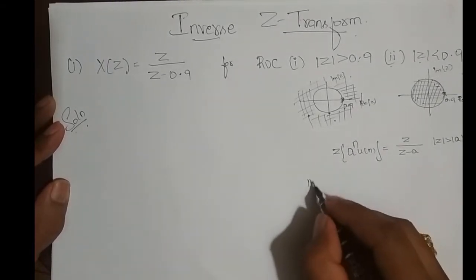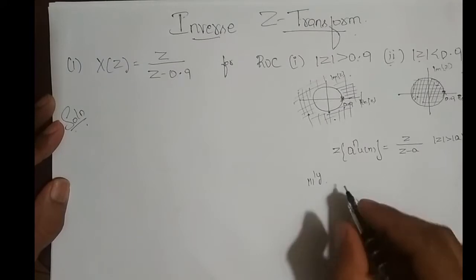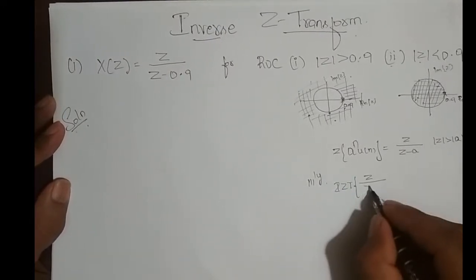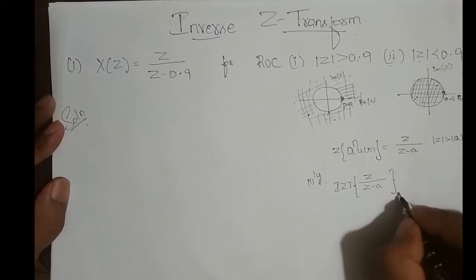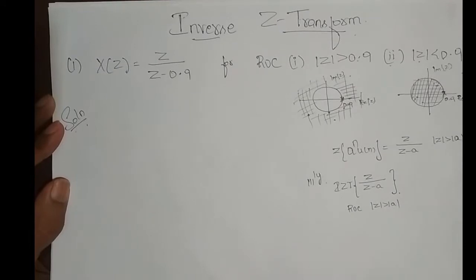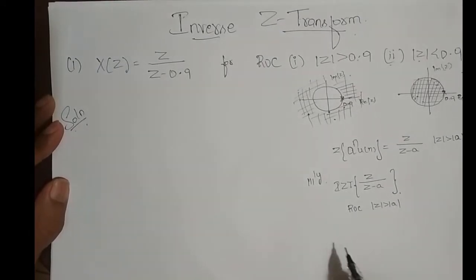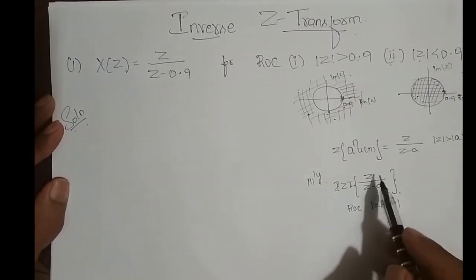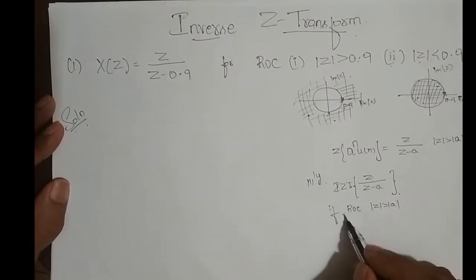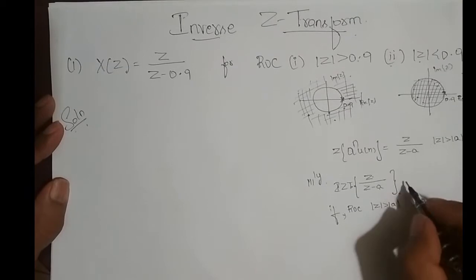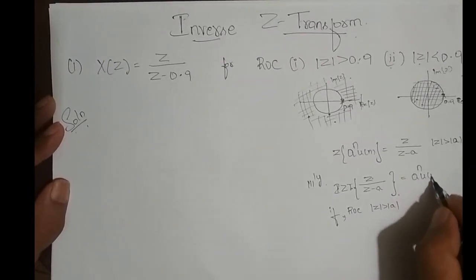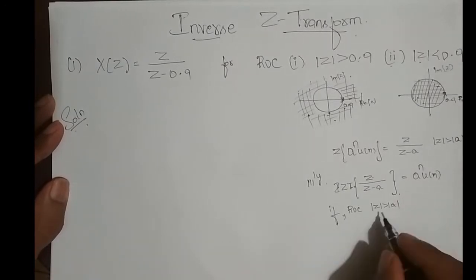Similarly, what is the inverse Z transform of z divided by z minus a with ROC magnitude of z greater than magnitude of a? Did you get my question? It is nothing but a power n u of n, if ROC is greater than a.